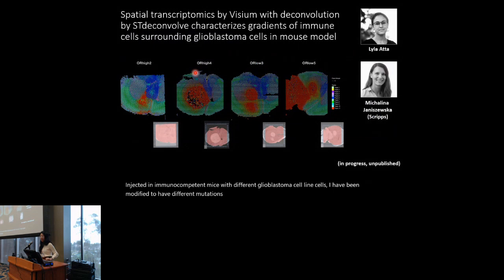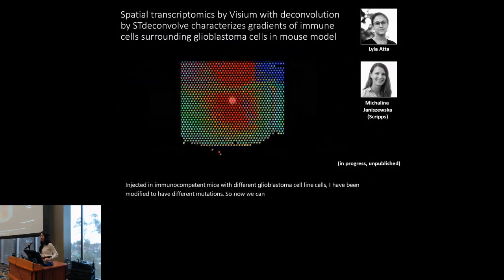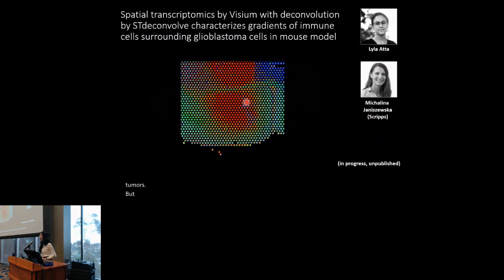So now we can, via deconvolution, not only identify the proportions of different immune cell type mixtures that are surrounding these tumors, but also begin looking at their deconvolved transcriptional profiles and look to see how that might change depending on the different genetic background of the GBM cells.